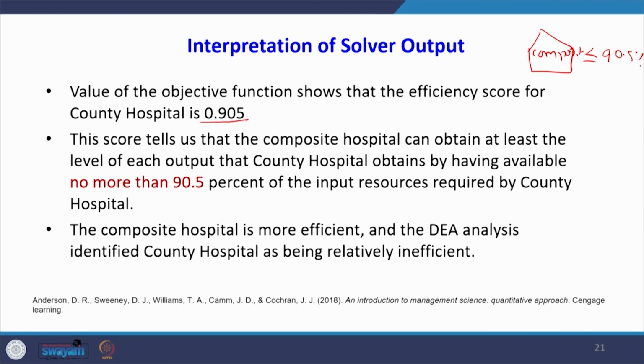Now, we have done this only for one hospital. Like this, the same procedure has to be continued for all the other 4 hospitals. Then we can see the relative performance of all the hospitals, that you should remember.